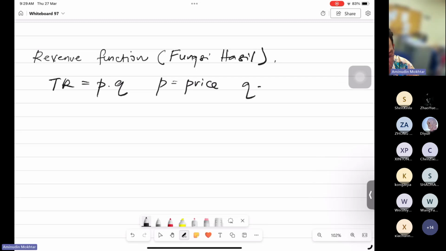Q is quantity. What is price? Price of good. And Q is quantity, the number of goods.